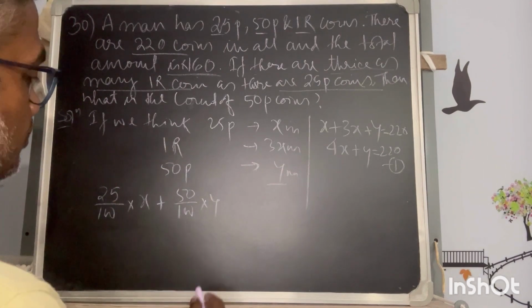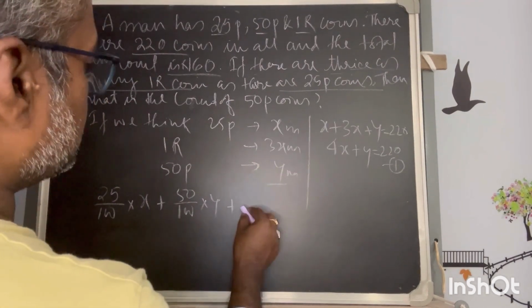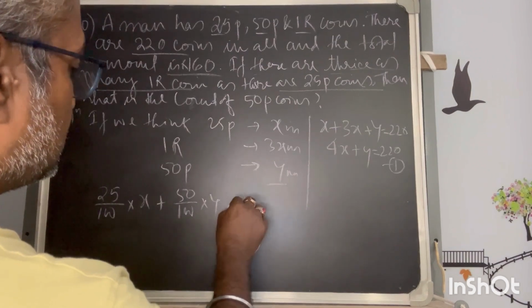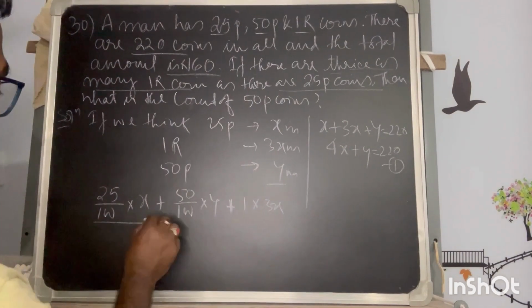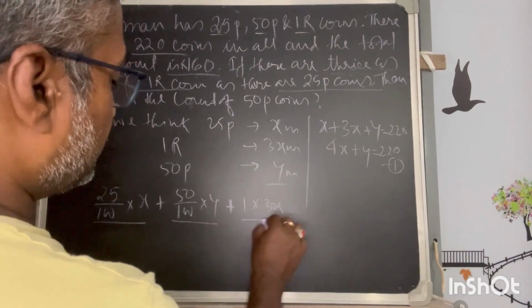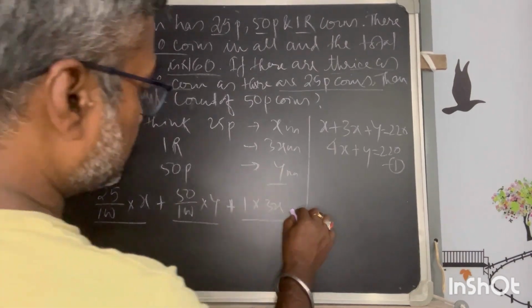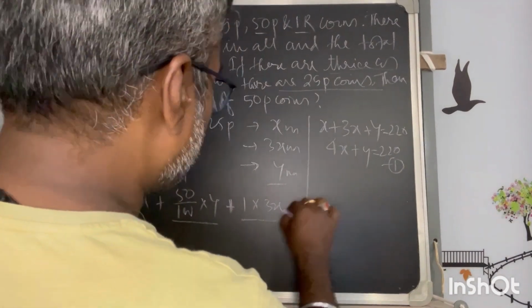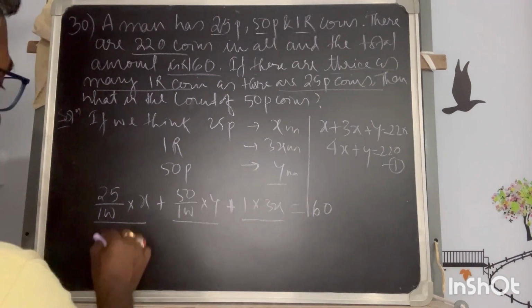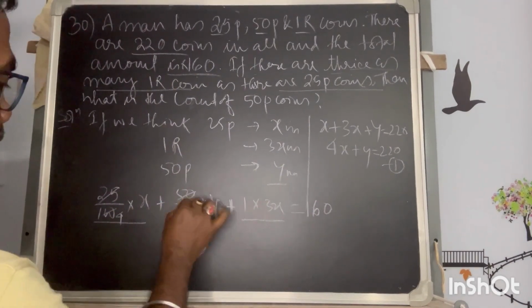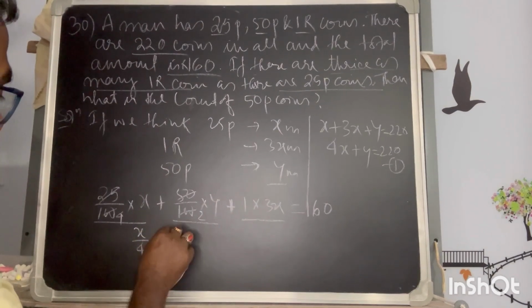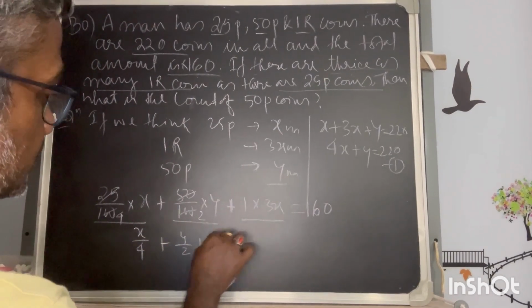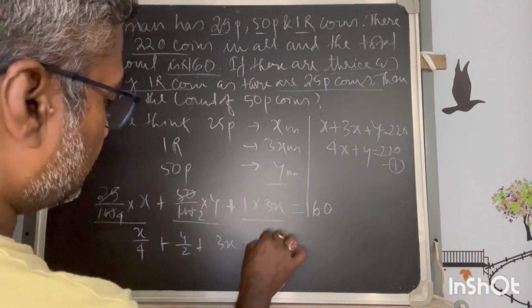And for 1 rupee, it is always 1 rupee, so this is 1 into its count. All this will be the value in rupees, and altogether that is given as 160. So if you simplify, this will be 4, this will be 2. So x by 4 plus y by 2 plus 3x again will give you 160.